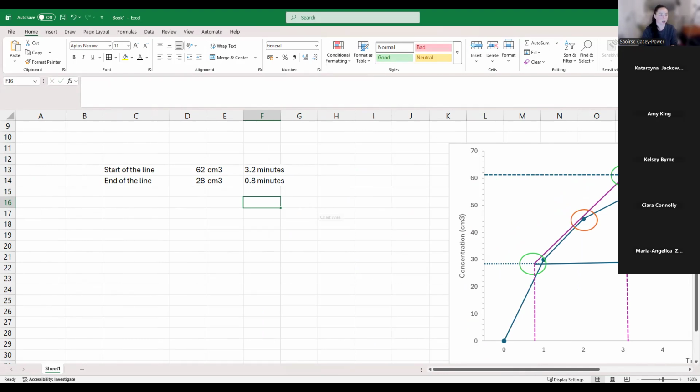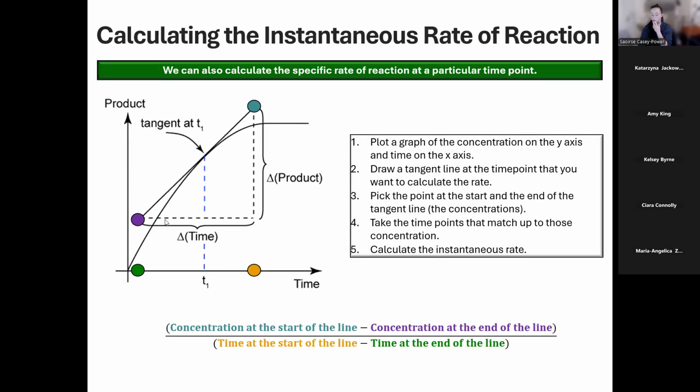I'm just going to jump back onto my presentation. Can you see the presentation now? Okay, can you see it now? Okay, perfect.